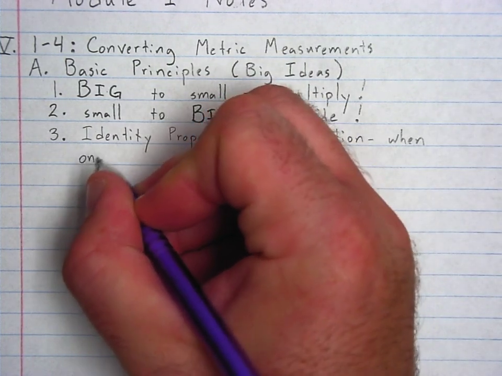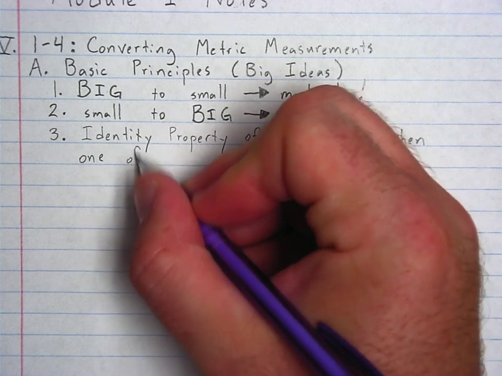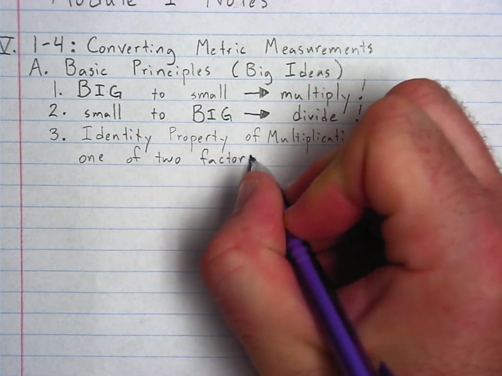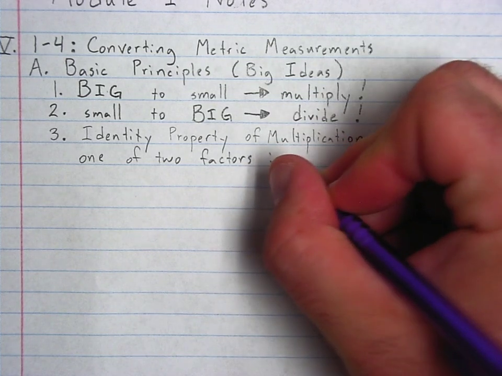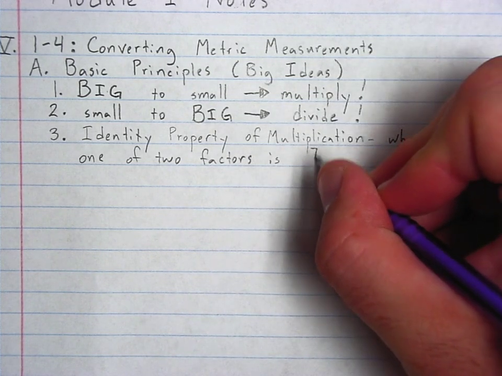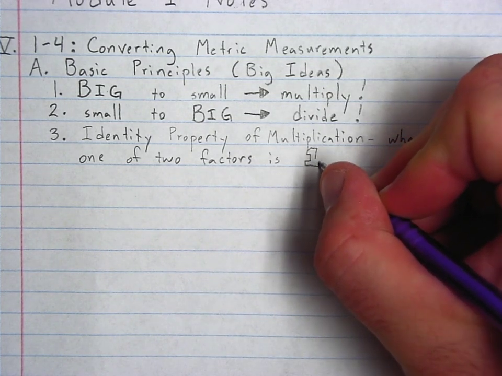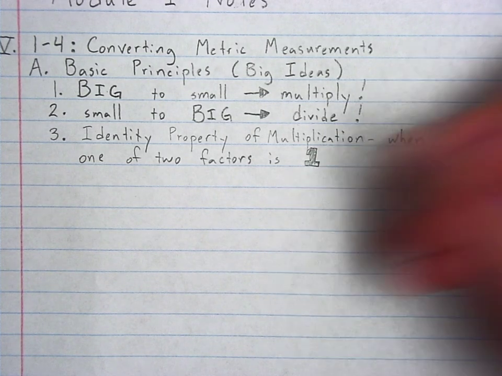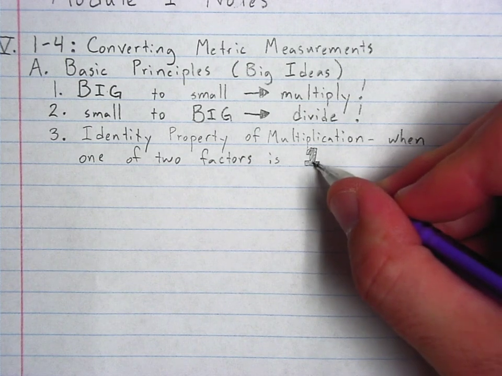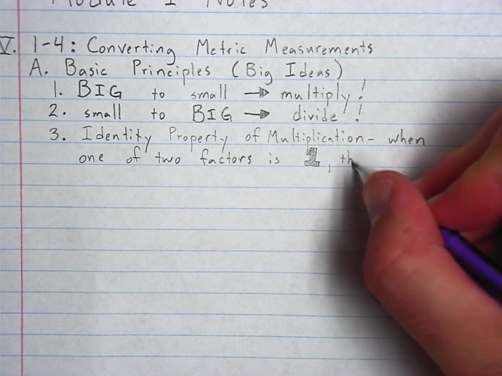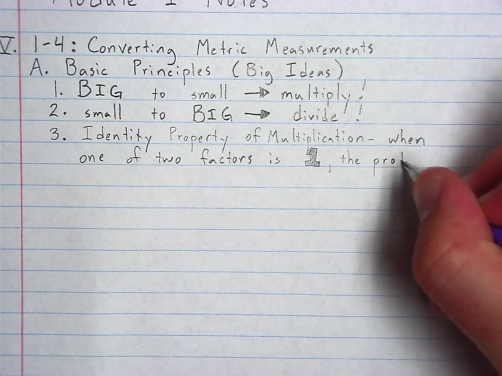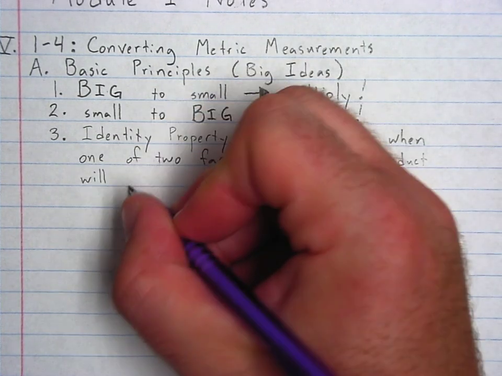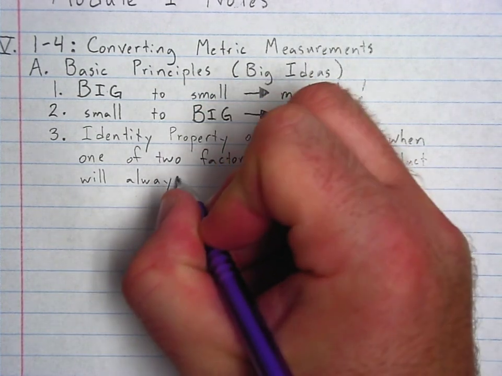when one of two factors is 1. So if you are multiplying two things, two factors, and one of them is 1, okay, the product will always be the other factor.